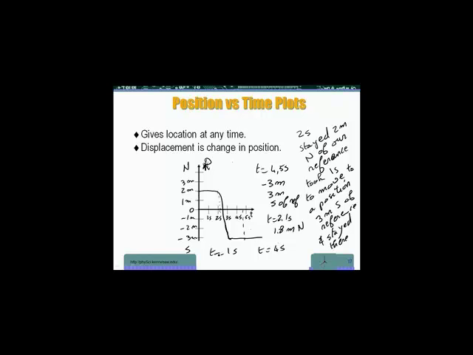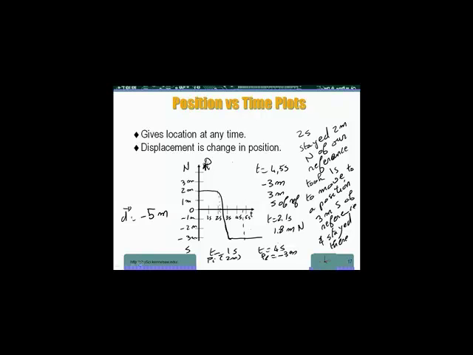The position at 1 second, P initial, is in this case 2 meters. Position at 4 seconds, position final, is minus 3 meters. So displacement is minus 3 meters, minus 2 meters. So our displacement is actually minus 5 meters.